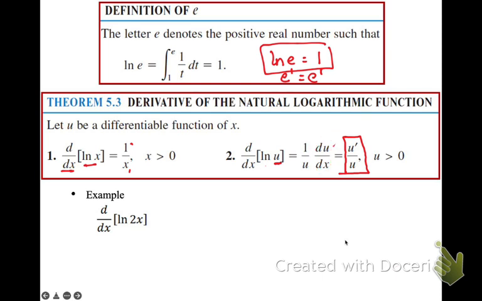I would write down that the derivative of the natural log of u equals the derivative of u over u. And I love how they tell you that u can't be 0. Why can't u be 0? Because it's in the denominator, right?